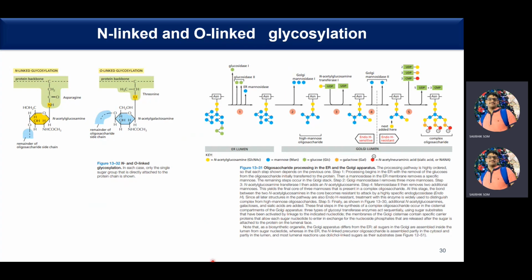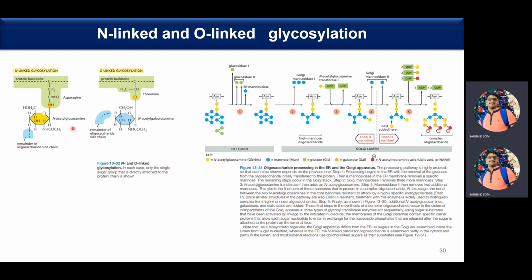Then we have talked about N-linked and O-linked glycosylation, and this glycosylation itself is a complex thing. Partial glycosylation is done at the ER lumen. This type of glycosylation helps in binding of the chaperones, which helps in the folding of the protein. Further processing of this glycosylation is done in the Golgi lumen, correct?